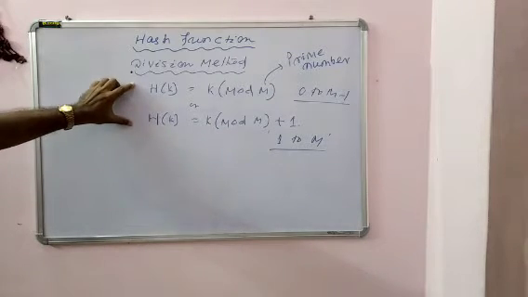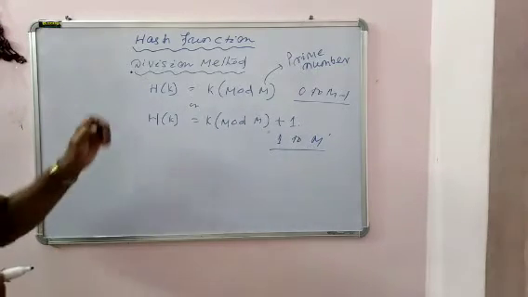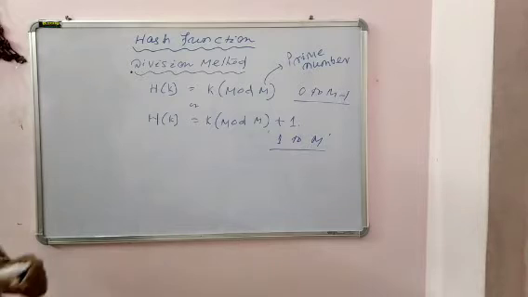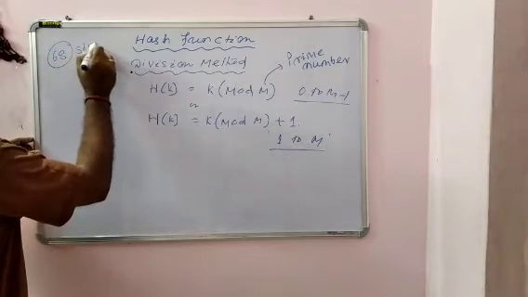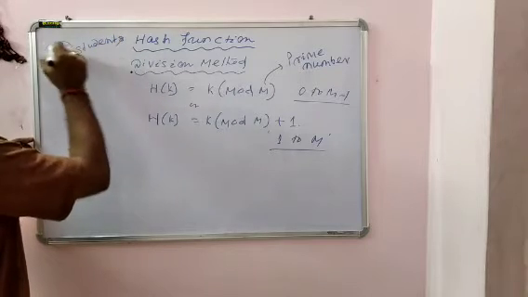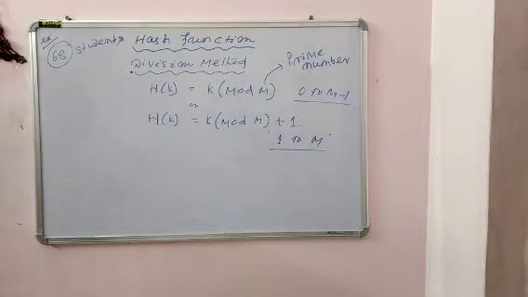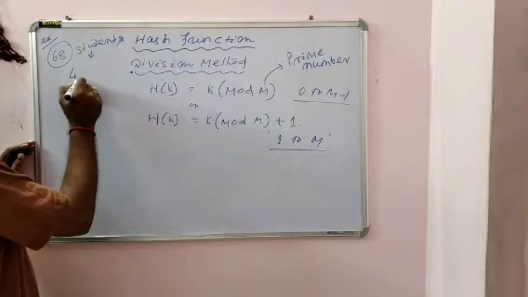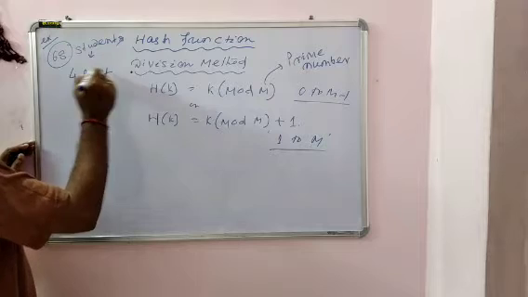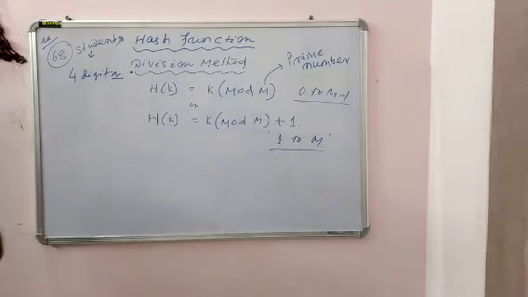For example, consider a class with 68 students. In a batch, each student is given a unique 4-digit student number, a roll number.